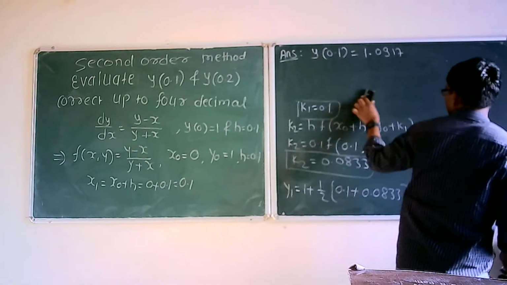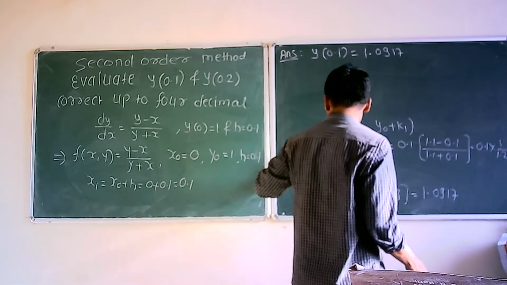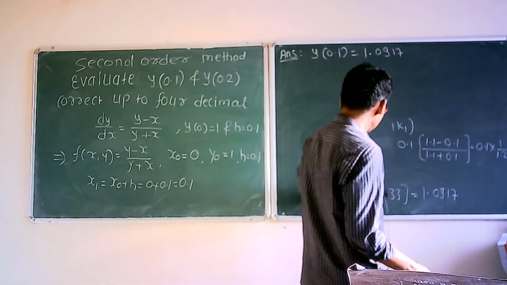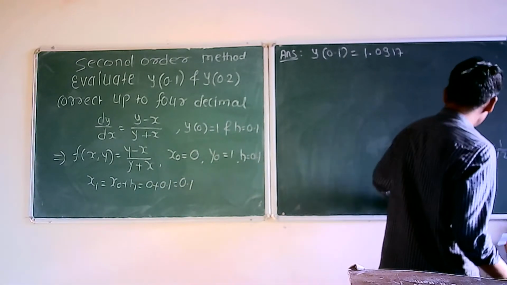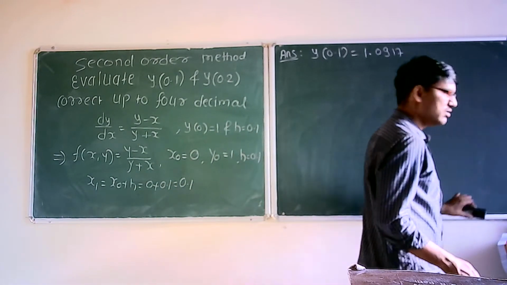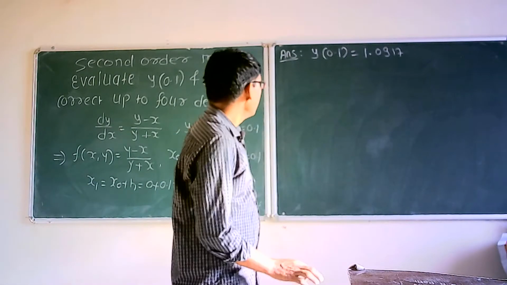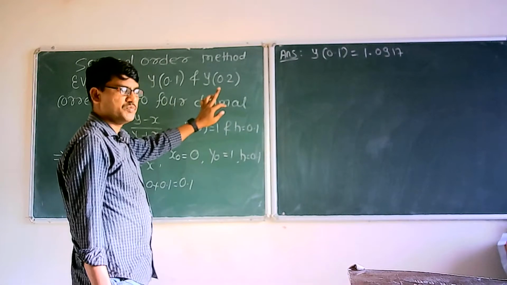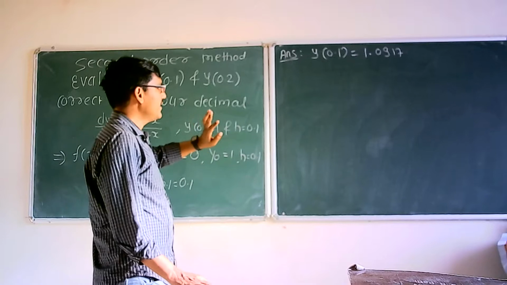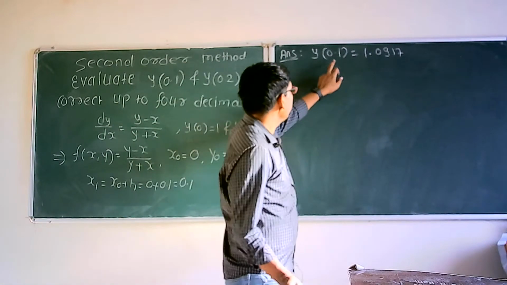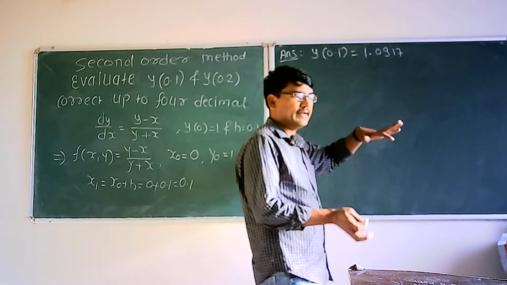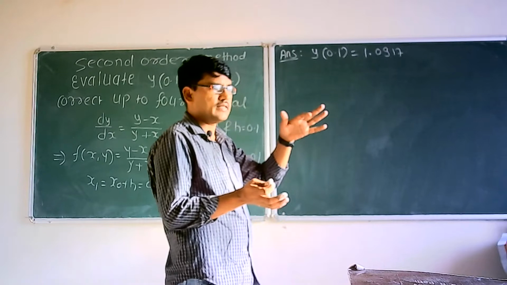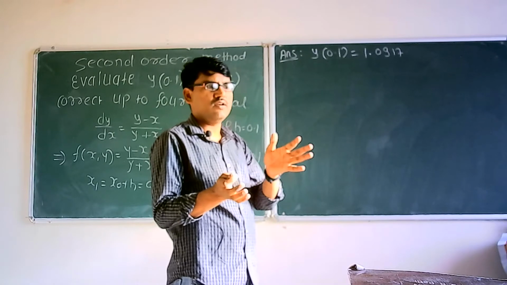Now to perform the next iteration, we want to determine y of 0.2. There are again two methods. Either you can directly take this as x0, y0 and apply the same process, or you can create a formula for y2.